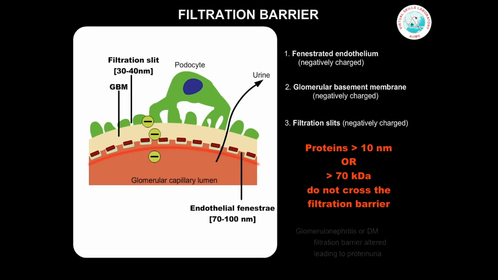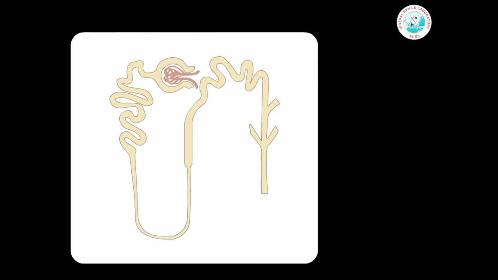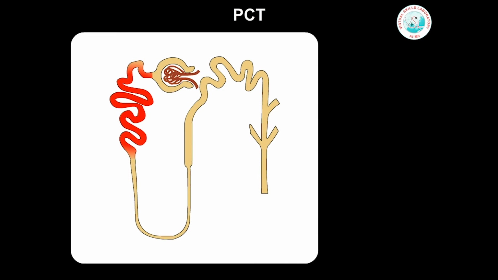In diseases such as glomerulonephritis or diabetes mellitus, this filtration barrier is altered, causing passage of small and big proteins both, leading to proteinuria.